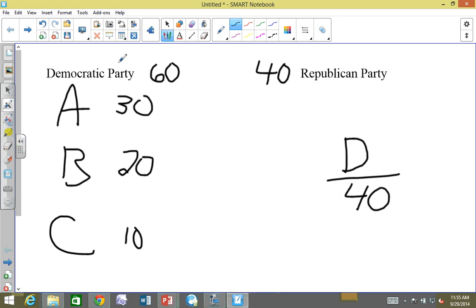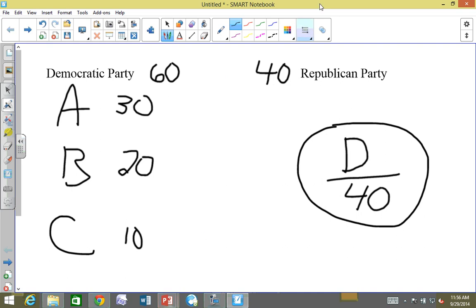Those 60 votes were split up among these 3 candidates, which means that the Republican wins the election because he got the most votes. If a particular party has multiple candidates running, they're most likely going to split their votes and cost them a chance of winning the election.